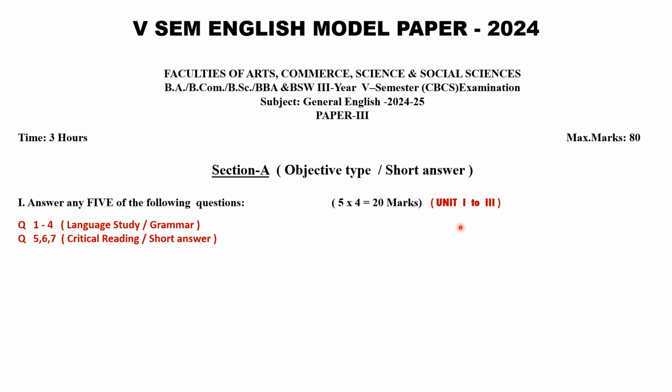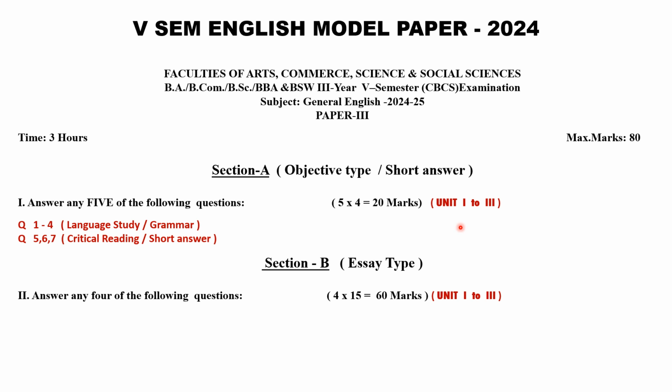From all the units from 1 to 3 you can get questions in the last section, that is 5th, 6th and 7th questions. Then you have 7th B, you have to write essay type answers and answer any 4 of the following questions, and each question carries 15 marks, that is 4 into 15 you will have to answer for 60 marks, and all the questions are taken from unit 1 to 3.